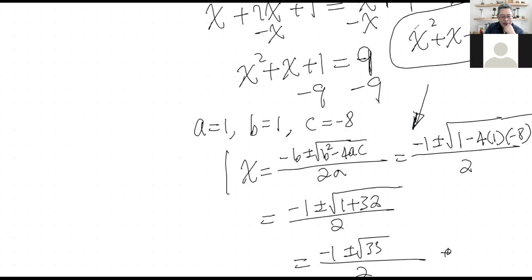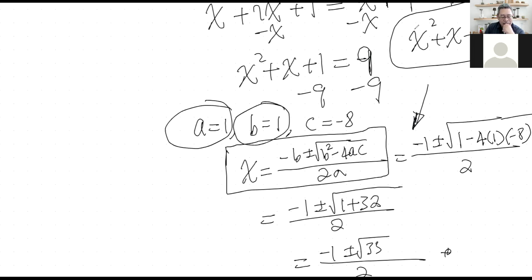Yeah, I remember that, but then the next part, is that where your problem actually starts? Well, the next part we just plug in the numbers, right? Our A is 1, B is 1, C is negative 8. Then that helps us find what X is.